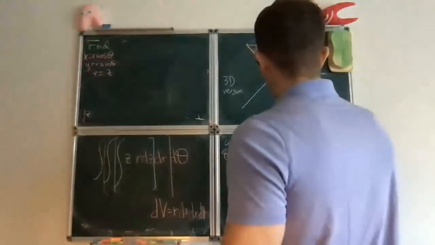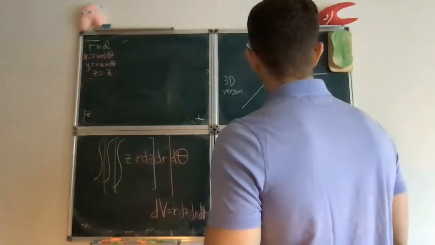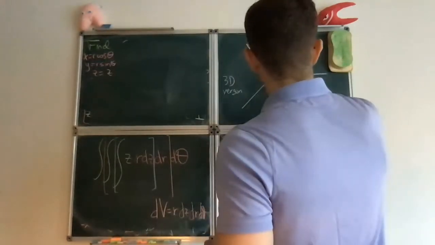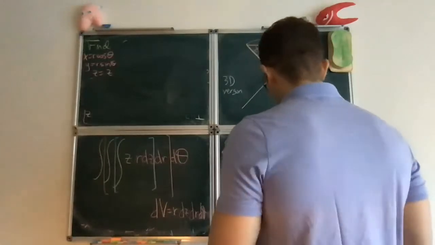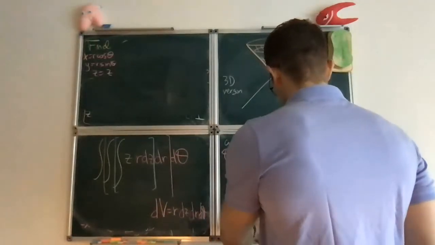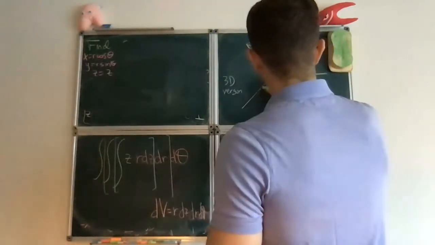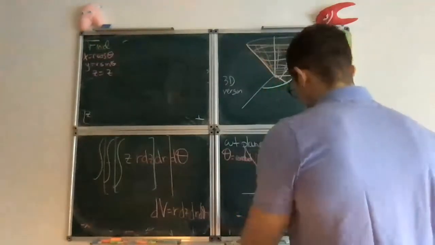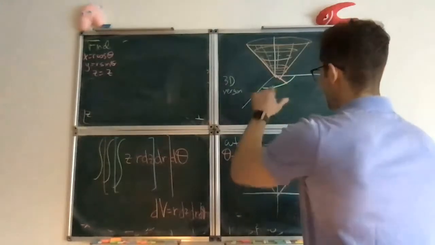If you want to think about it from this point of view, fixing the value of theta was like fixing one of these rays. Fixing the value of r is like fixing a point on the circumference, right?